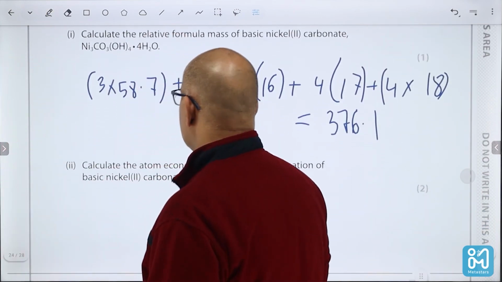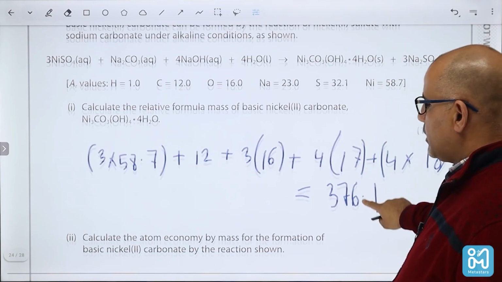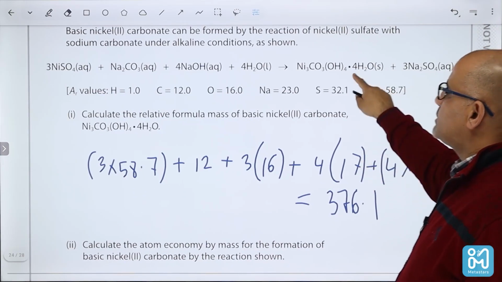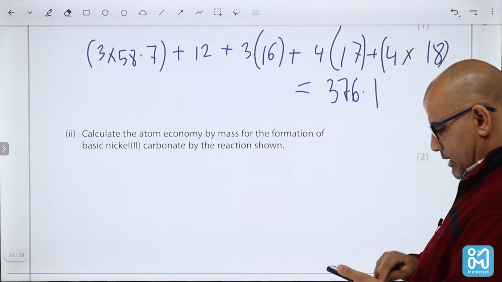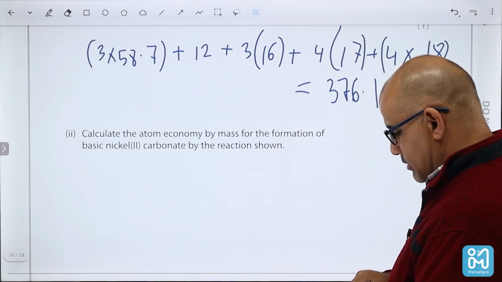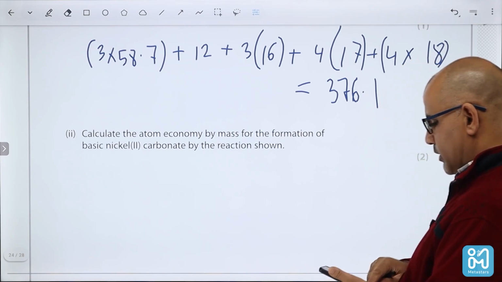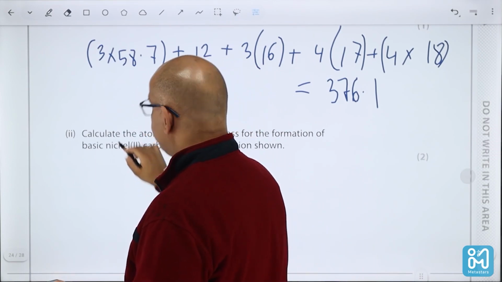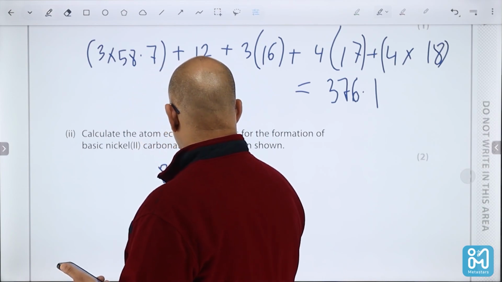Calculate the atom economy for the formation of nickel 2 carbonate. If you find the molar mass of all the products, it's 802.4.